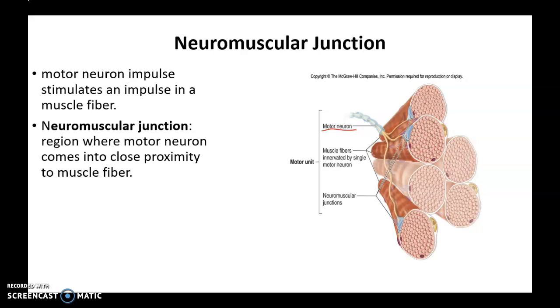Remember, the junction between the motor neuron and the muscle fiber is called the neuromuscular junction, popularly known as NMJ. The region where a motor neuron comes in very close proximity to a muscle fiber, we call the neuromuscular junction.